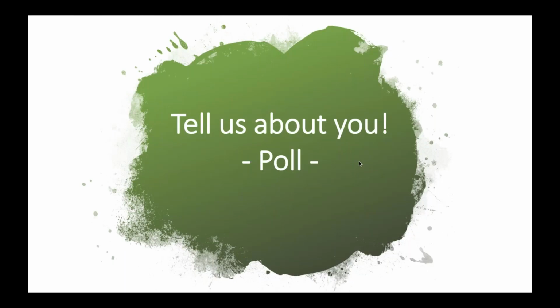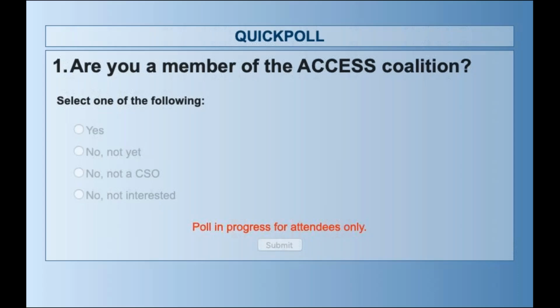So we want to know a bit about you. There should be a poll popping up on your screen that says, are you a member of the Access Coalition? Please tell us, yes, I'm a member, no, I'm not yet a member, or no, I do not work for a CSO.